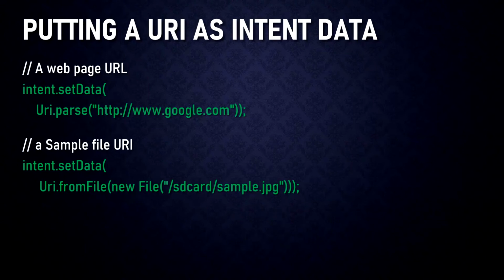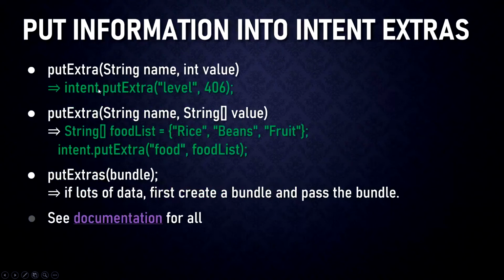Now the coding part: you can use putExtra. The extras are used as key-value pairs, right? So you use the putExtra method and specify the key. This is the key by which you access this specific data. You will use this label keyword in your second activity to access this value.